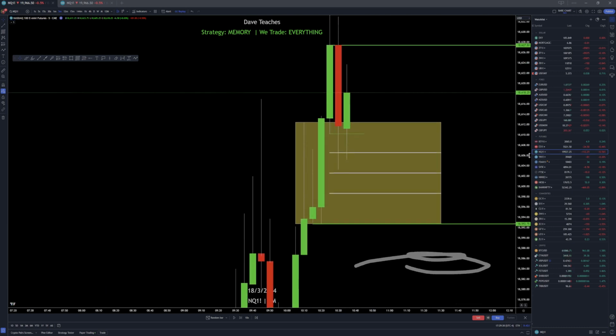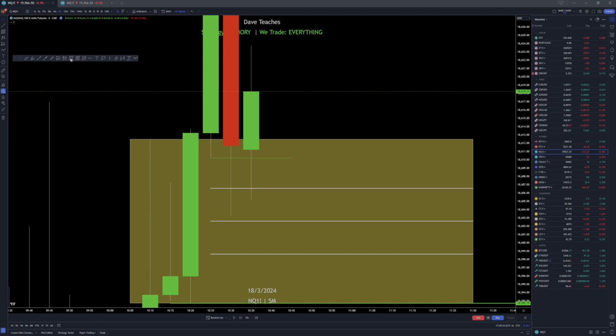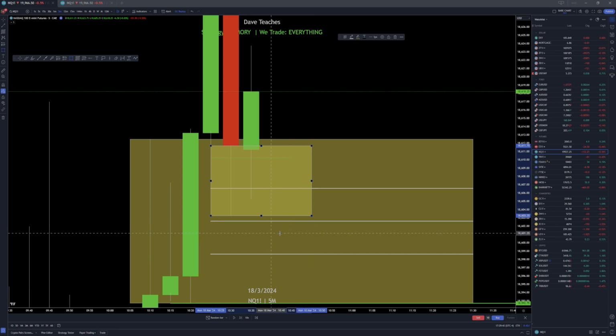Remember what I talked about with the end of the candle being the manipulation, right? So you see this here? This down wick right here? So that was the manipulation down in there, right?